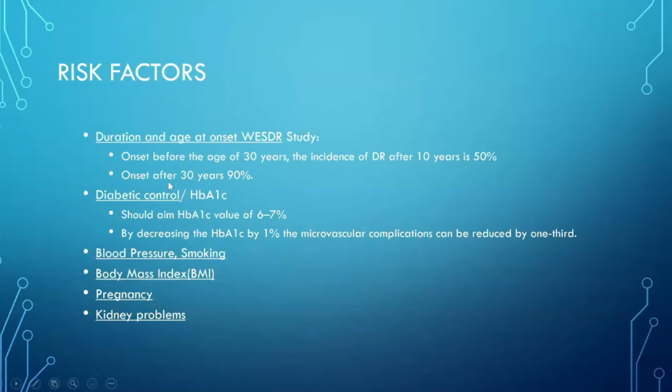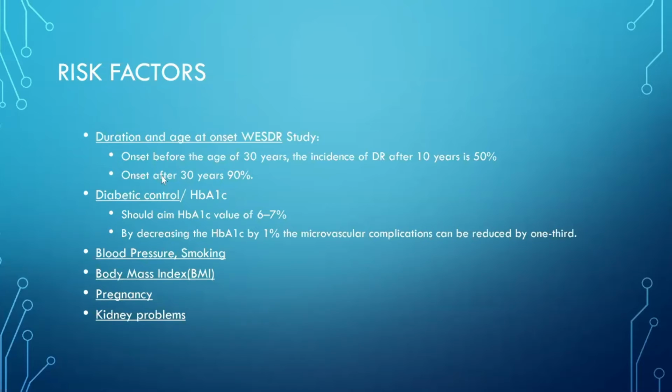However, if diabetes is diagnosed after 30, it's likely that we end up with diabetic retinopathy after 10 years in around 90%. Unfortunately, we can't change the duration and the age of onset, but we will talk more about prevention.